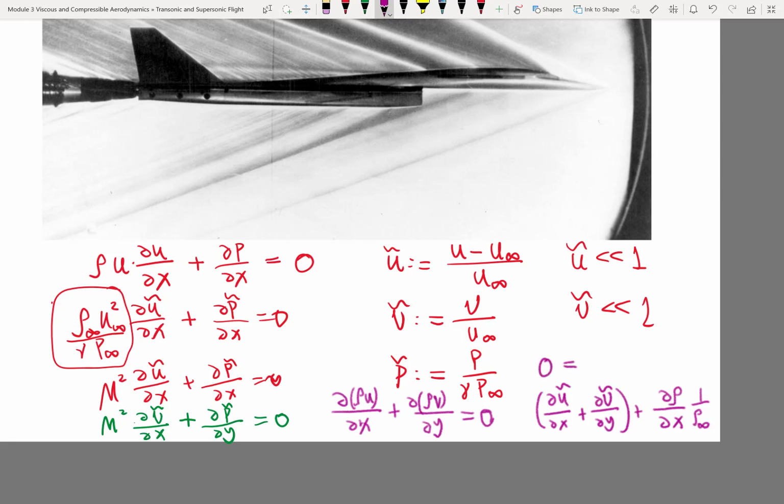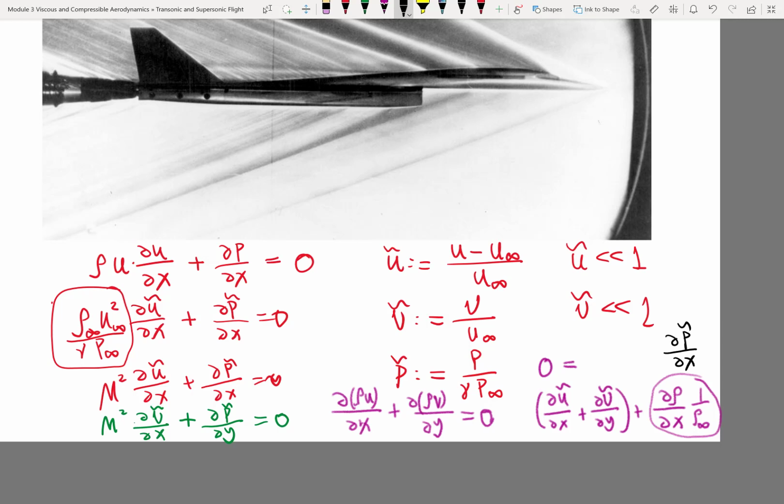So 0 is equal to this, and the d rho over rho is basically the same as dp tilde dx.